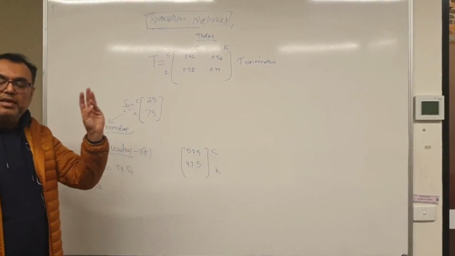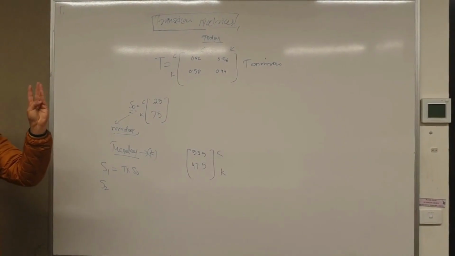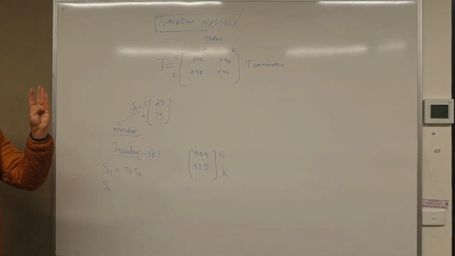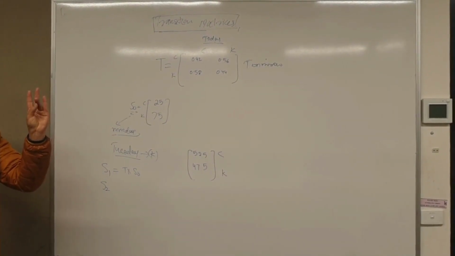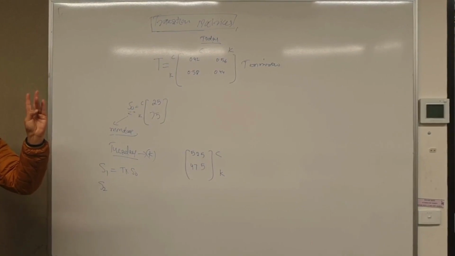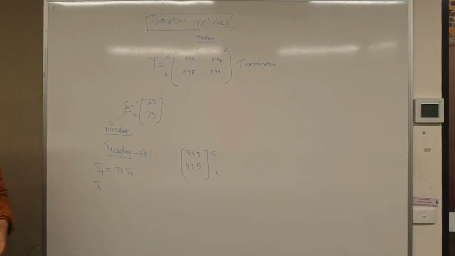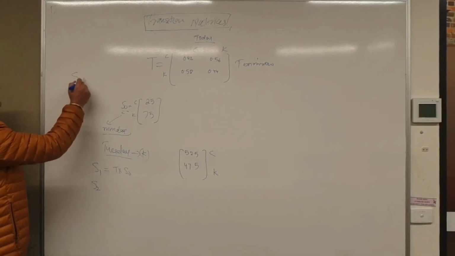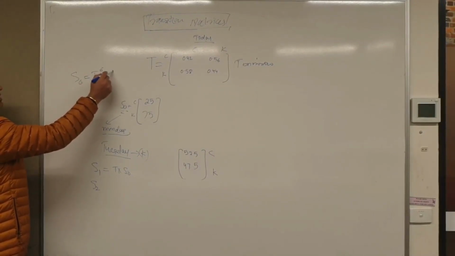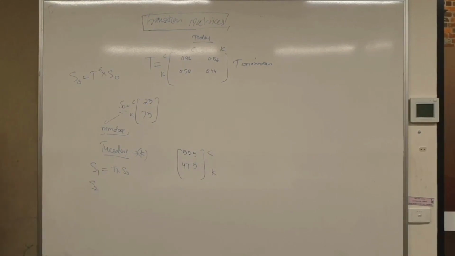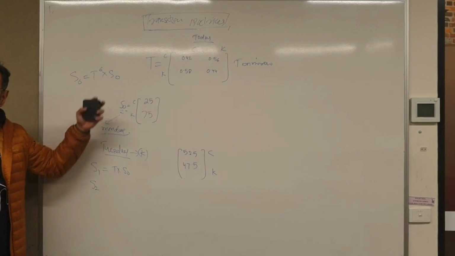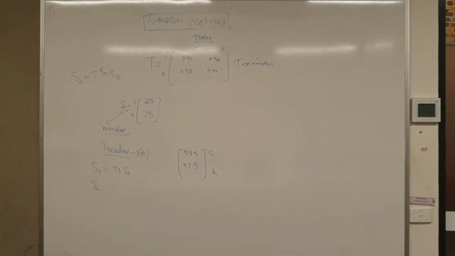Then you say, okay, Monday is S0, Tuesday is S1, Wednesday is S2, Thursday is S3, Friday is S4, Saturday is S6. So then you simply find S6 is T raised to 6 times S0. And then you'll get your answer. Did you get it where the trick is? So be careful.